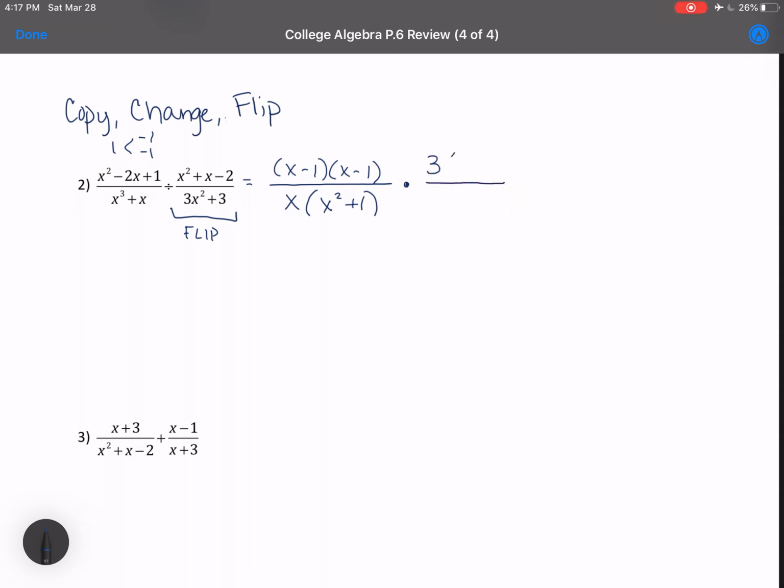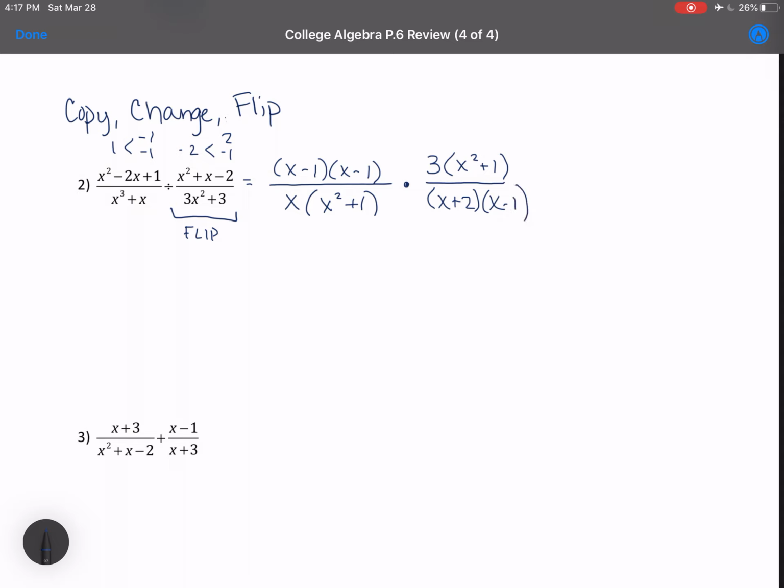So if we factor that out, we are left with x squared plus 1. And then our new denominator, x squared plus x minus 2. Our factors of negative 2 that add to be 1 would be 2 and negative 1. So we have x plus 2 times x minus 1.